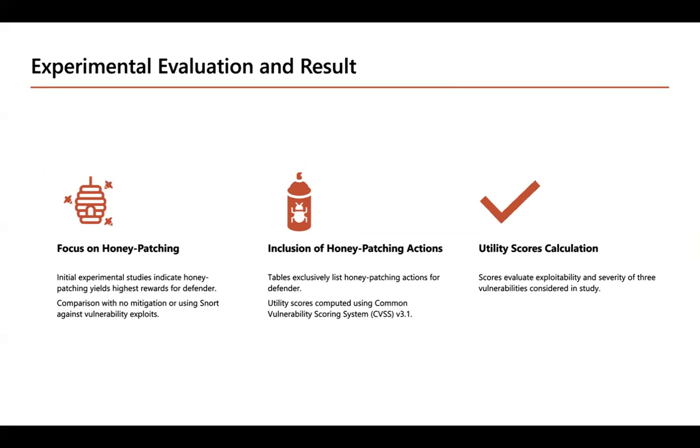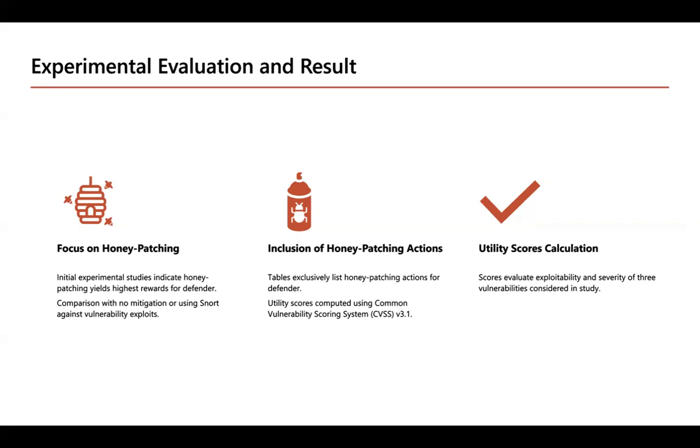Experimental evaluation and results. Through initial experimental studies, they observed that employing honey patching yields the highest reward for the defenders compared to having no mitigation or using Snort against vulnerability exploits.